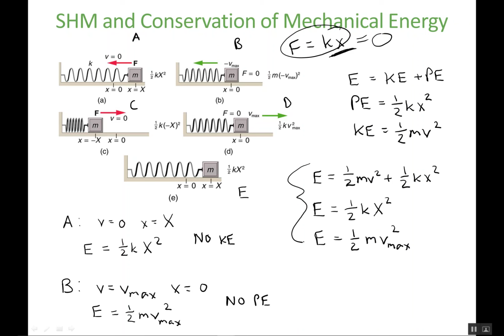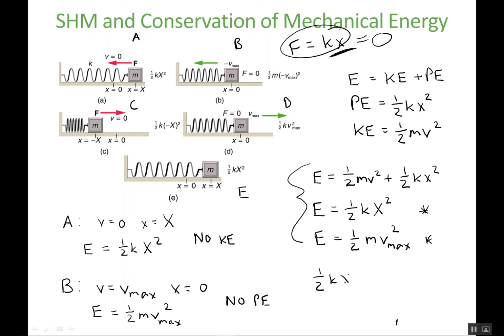For example, one thing we can do is set this equation equal to this equation, and we can find that there's a relationship between the maximum speed attained by the mass on the spring and the maximum amplitude of the mass oscillating on the spring.